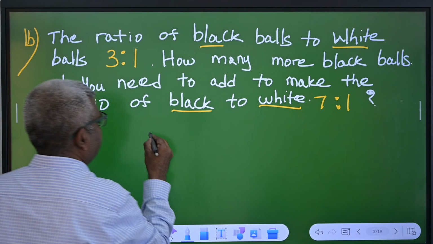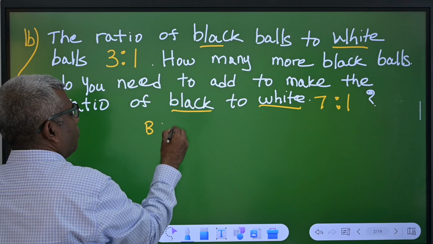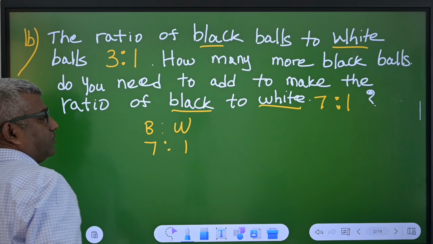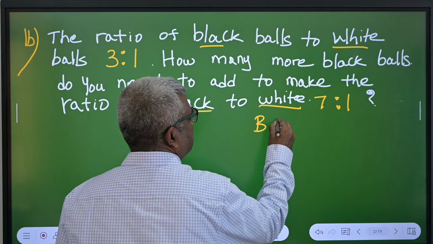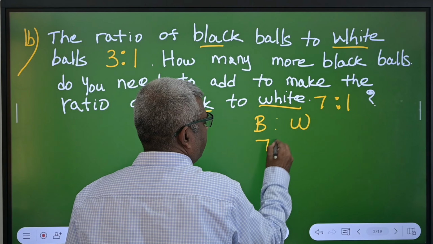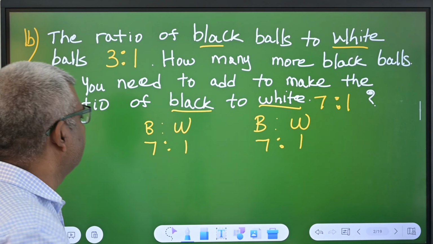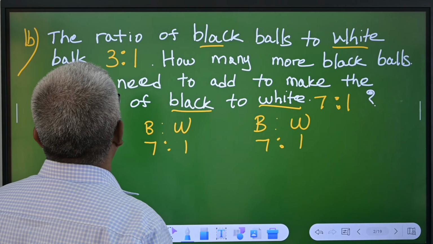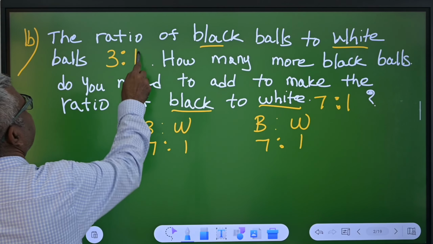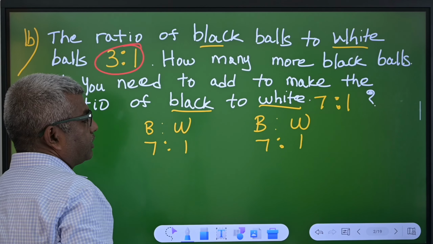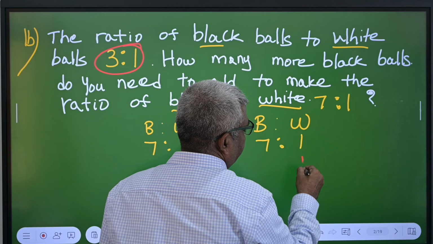Okay, write it, black, white, 7:1. Black, white. Why am I repeating? To reduce the mistakes. What is the new ratio, old ratio? 3:1. Here, what should I put? 1 only.